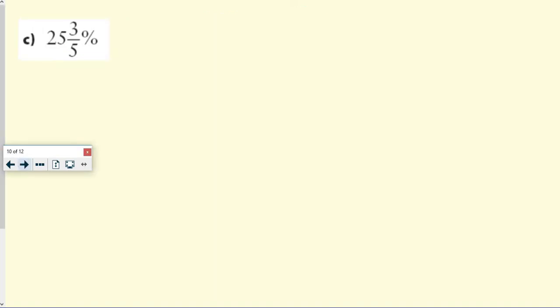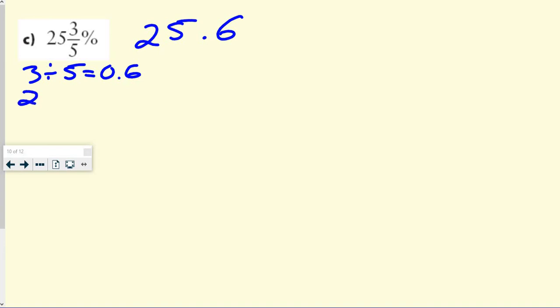25 3/5%. Now we're getting into fractions in percents. This is deep level. We're starting to get there. We have 25 and 3 divided by 5 equals 0.6. So 25 plus 0.6 equals 25.6.